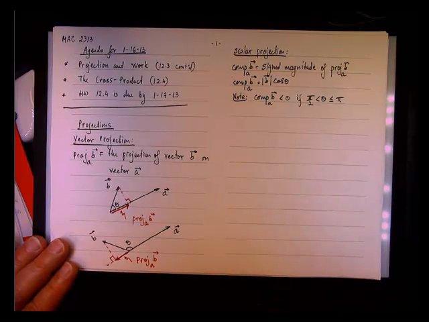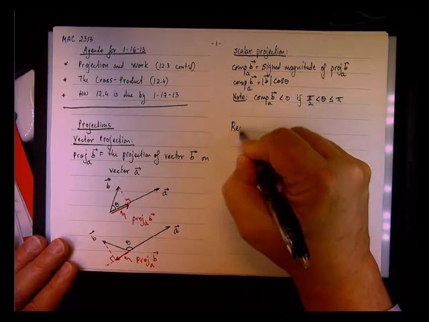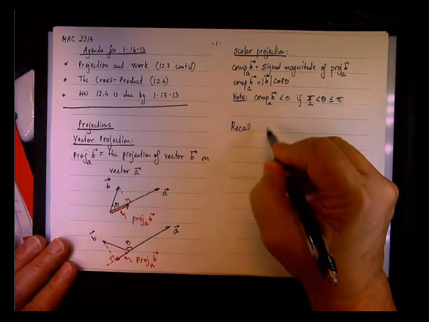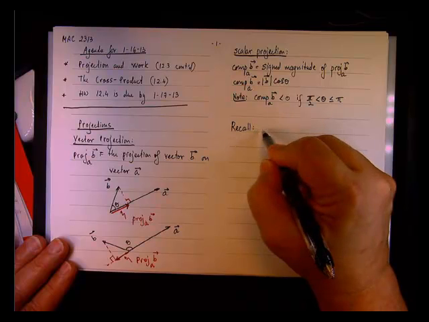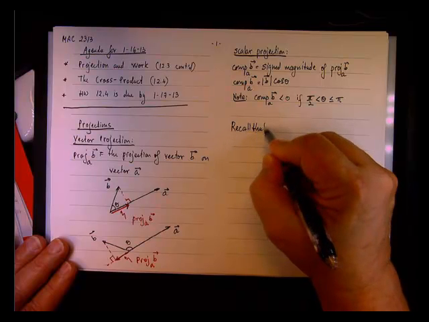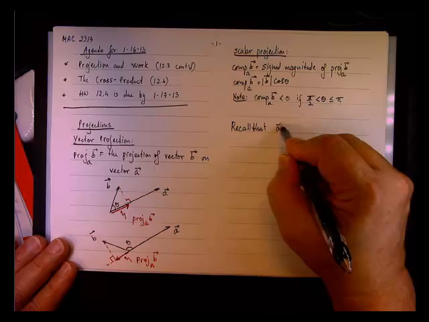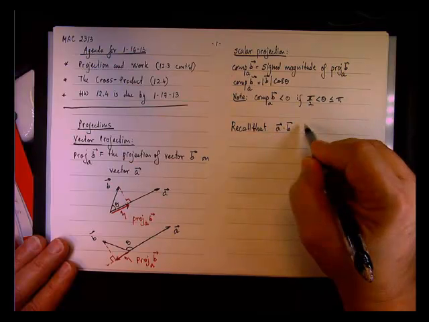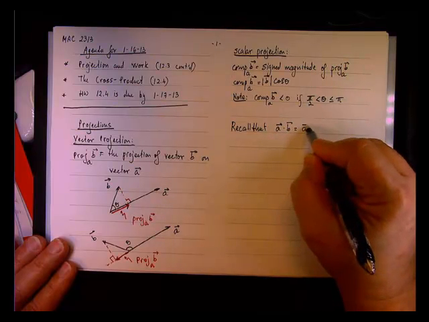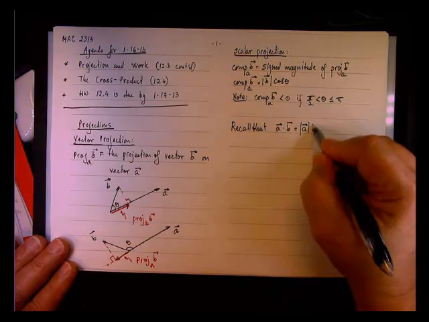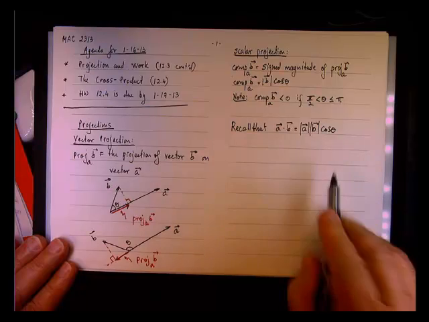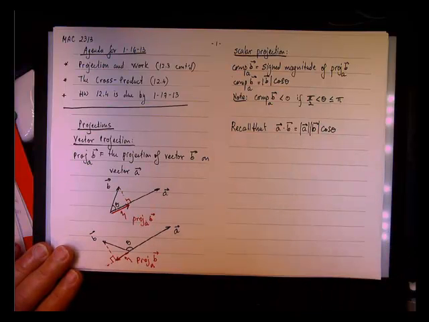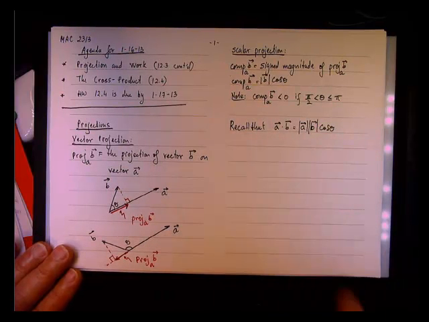Using the dot product, we can derive an expression for the scalar projection. So recall that A dot B equals the magnitude of A times the magnitude of B cosine theta.